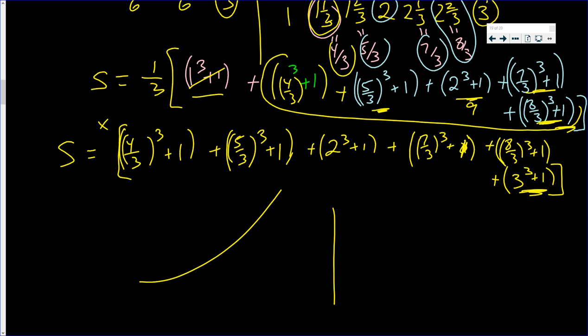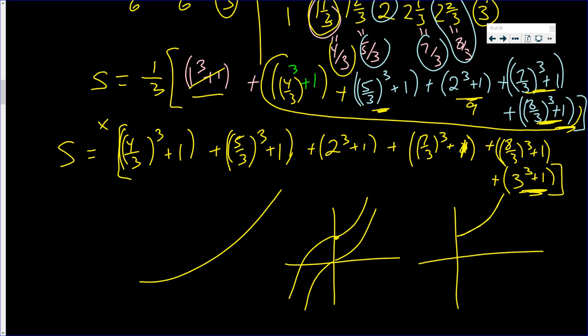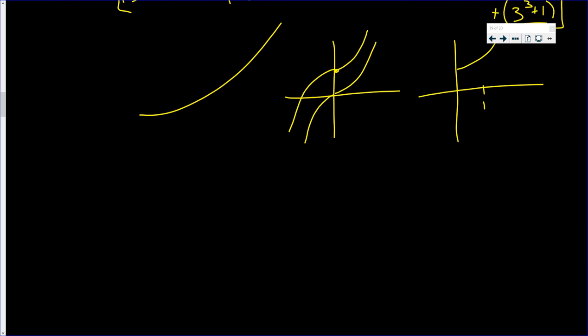We know that x cubed goes like that, so x cubed plus 1 will go like that. So in particular, when x is between 1 and 3, this function is strictly increasing.